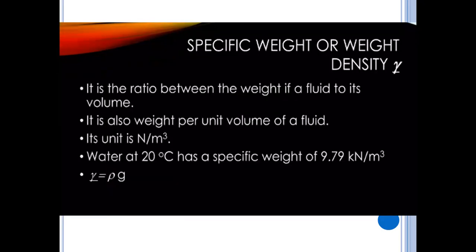Next, we have specific weight, or weight density. We denote it by the symbol gamma. The formula to find specific weight is the ratio between the weight of the fluid and its volume. Weight divided by volume, we call it specific weight. The unit here is Newton per meter cube.